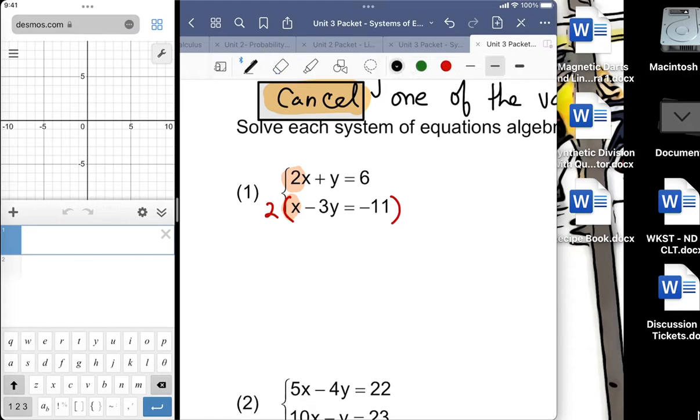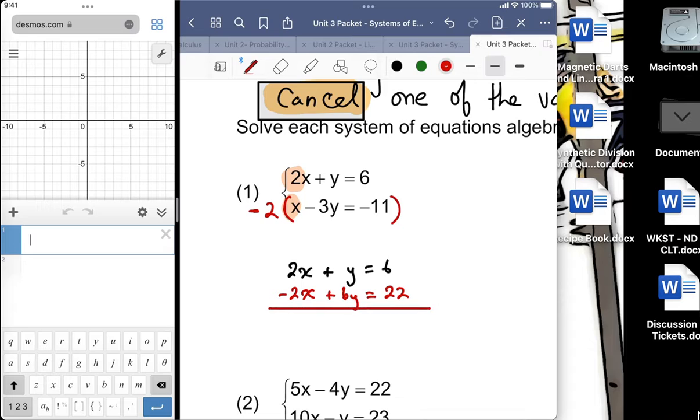However, if I multiply, instead of by a 2, by a negative 2, now I'm on to something. Because my first equation would have a 2x plus y equals 6. My second equation now has a leading coefficient of negative 2x. If I run through with that negative 2, I'd have a plus 6y is equal to positive 22.